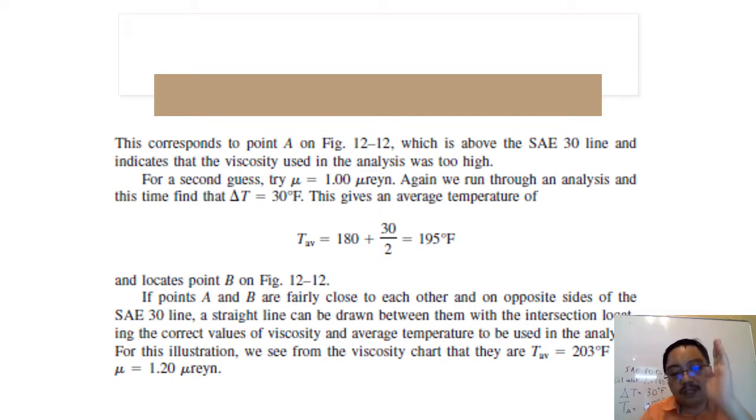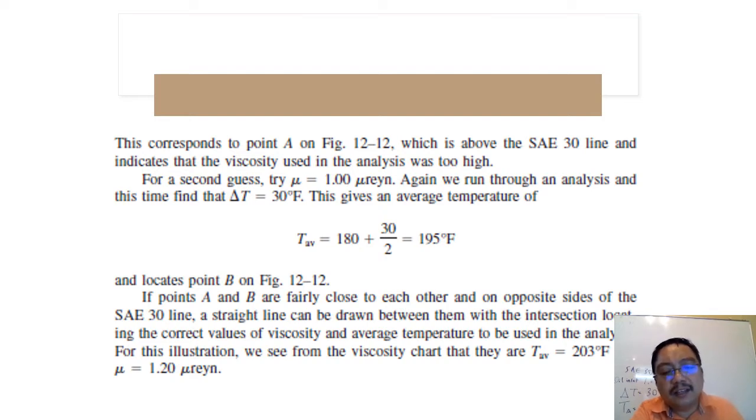You see the graph is microreyn versus temperature. Microreyn here, temperature here. You extrapolate the microreyn 1, and then you come to the SAE30 line, and then you go down to see the temperature. What is the temperature? You get 195 Fahrenheit.